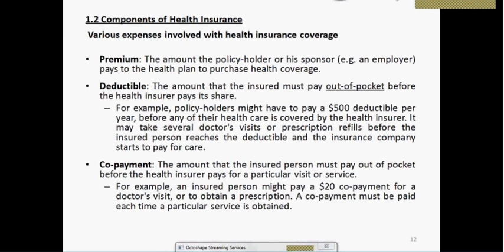Premium here. It's an amount the policyholder or sponsor pays to the health plan to purchase the health coverage. That is your monthly premium, or whatever the frequency is. So it is some fixed amount that you pay, whether by means of your employer, or you directly pay to your payer.